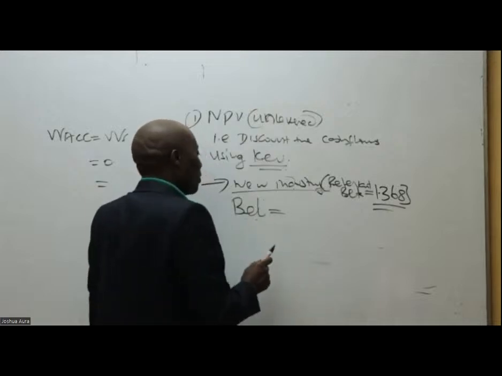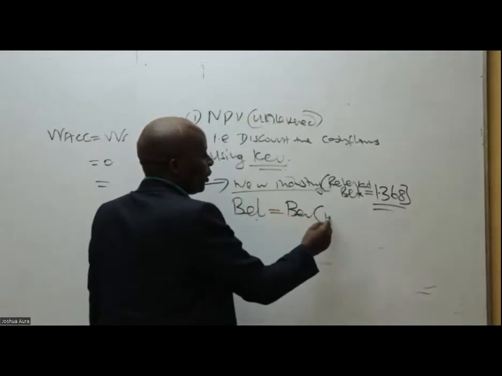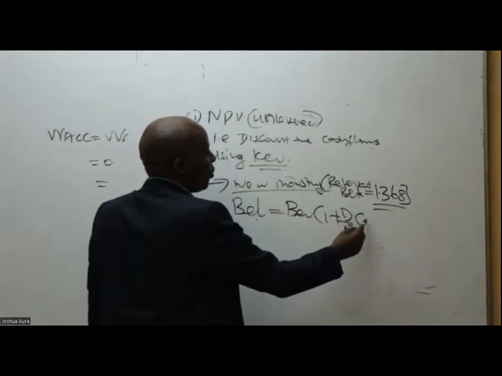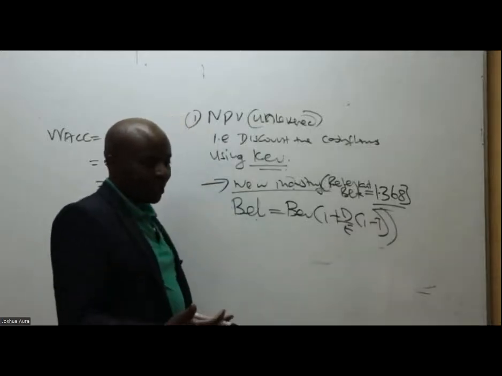So then, no problem. In this case, using Hamada's model, give me the beta unlevered. You know, these are low-hanging fruits. Already I'm getting marks even without knowing what I'm doing.